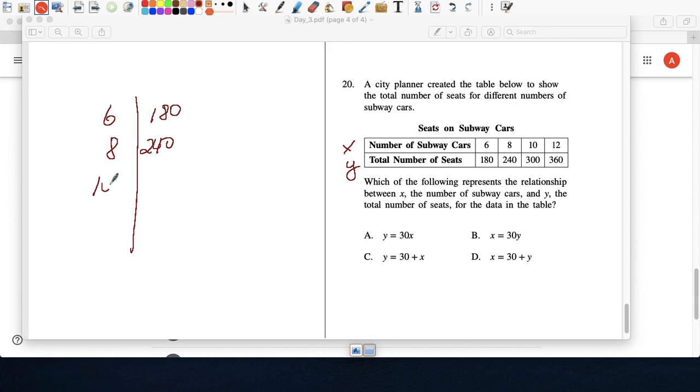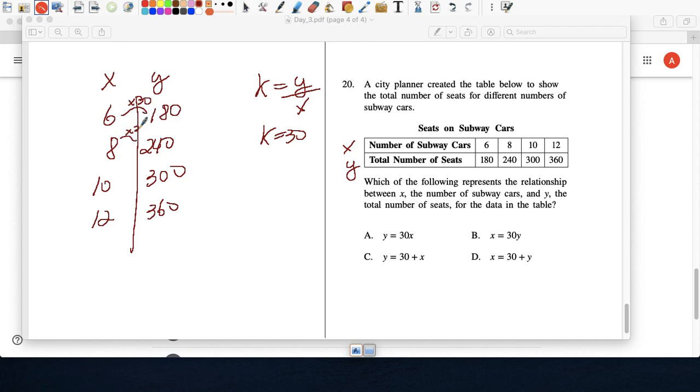If I have 10, it's 300. 12 is 360. Here's my x and y. Can you find k? K is y over x. Pick any of these points, and you'll notice that k equals 30. Is it times 30? Yeah, times 30. That works.